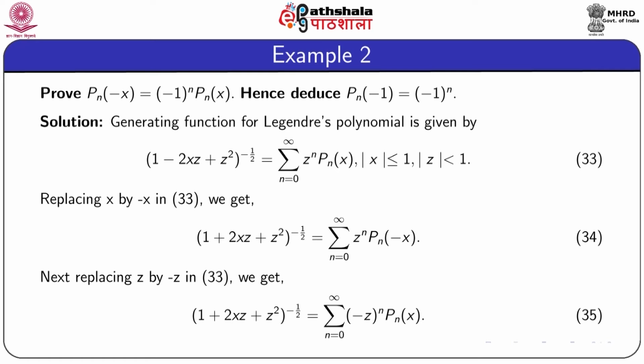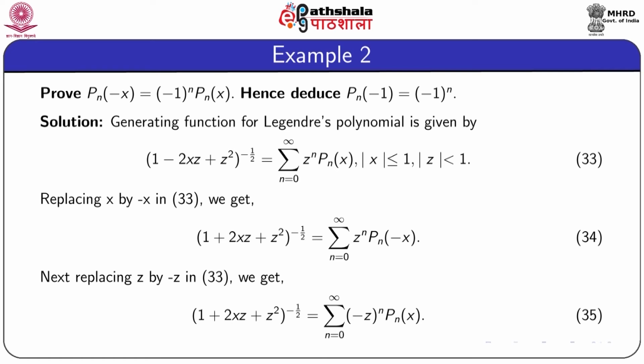Again, you replace z by -z in 35, and we get (1 + 2xz + z^2)^(-1/2), which is equal to summation n equal to 0 to infinity (-z)^n P_n(x), which is equation number 37. What you do now is, in equation 36 and equation 37, the left hand side has the same expression.